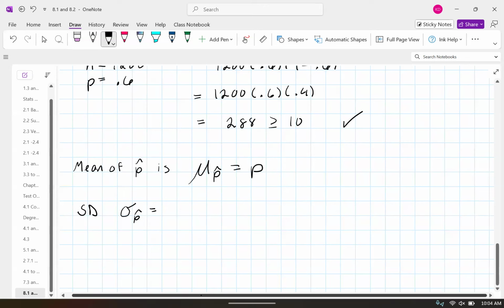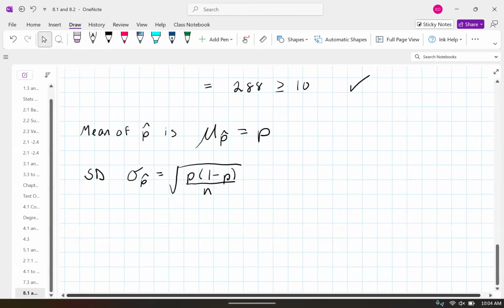On these, we're going to have to calculate the standard deviation to get our normal distribution, but it doesn't take a lot. So little p times 1 minus p all over n. That's honestly the worst equation in this whole section, and like I said, it's really not that bad. Not compared to the R equation.